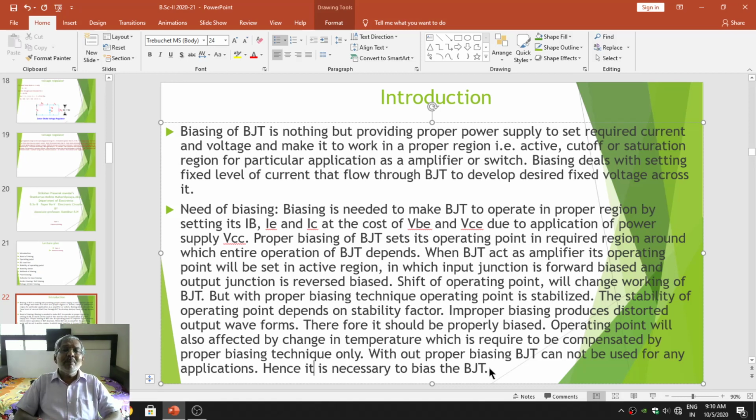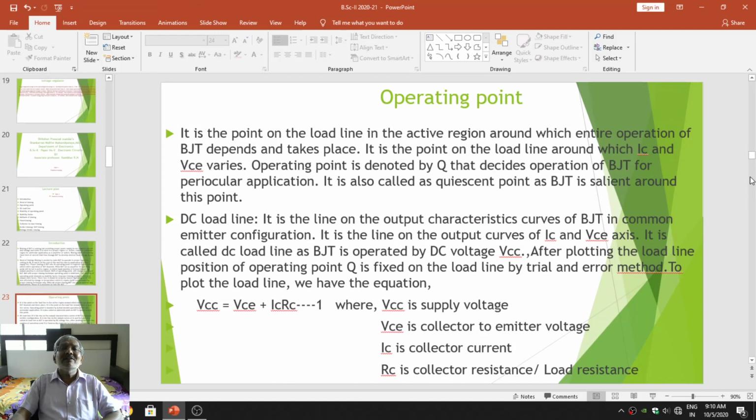All these are achieved by allowing proper base current, emitter current and collector current at the cost of developing VBE and VCE, and that's why the proper magnitude and polarity of VCC should be applied, and this is what we call biasing and why it is needed. So this is how we can say there is a need of biasing.